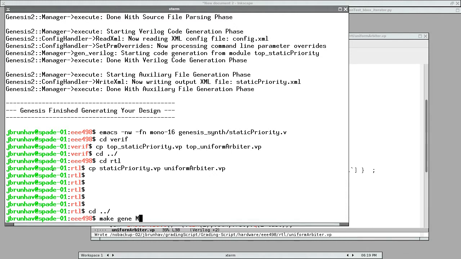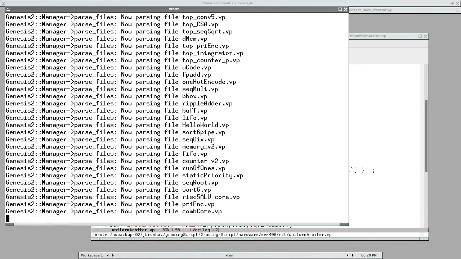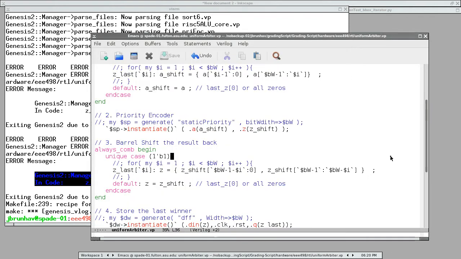So we'll generate that RTL first. So we're going to call this uniform_arbiter. Boo. All right. So it looks like I did not close backticks.